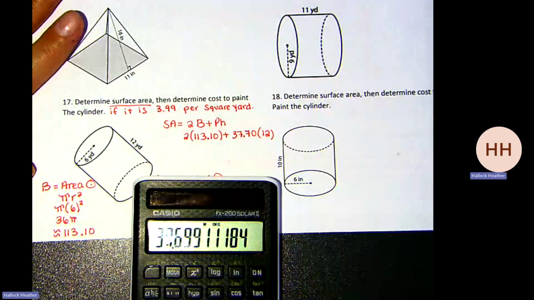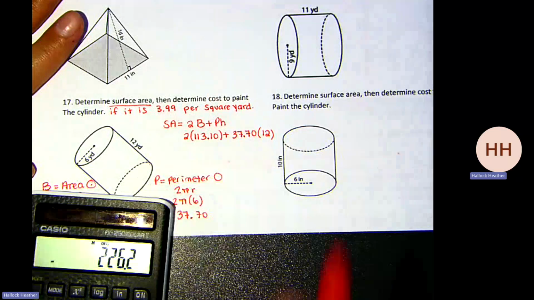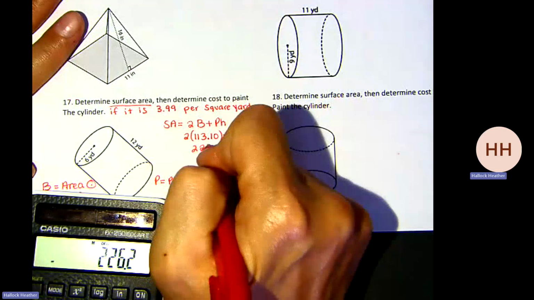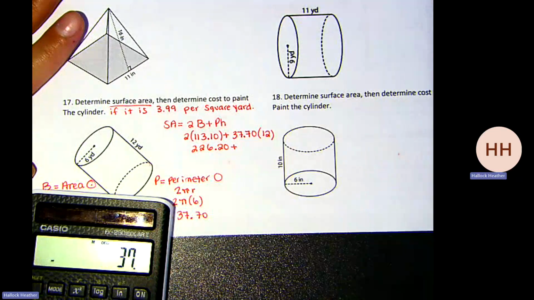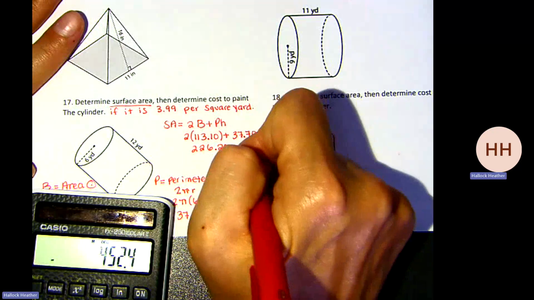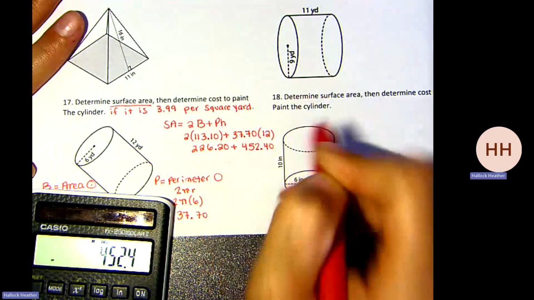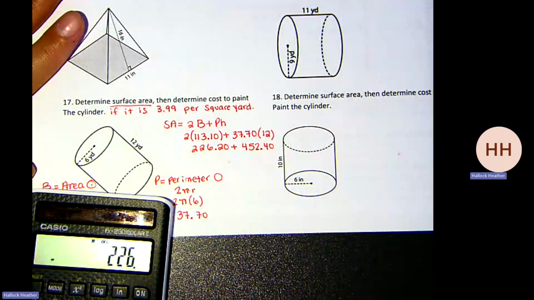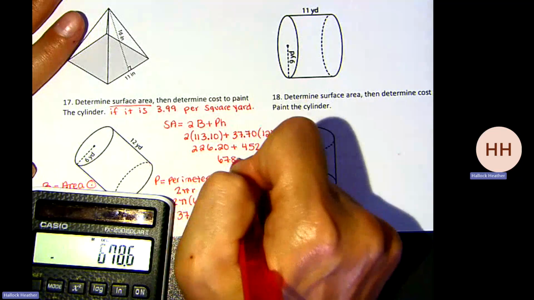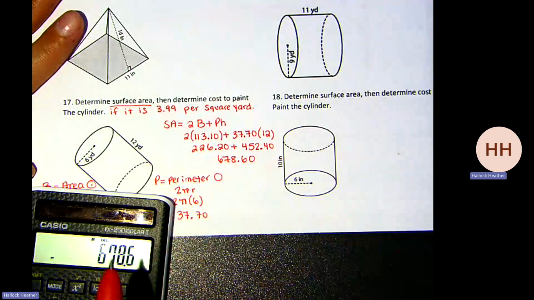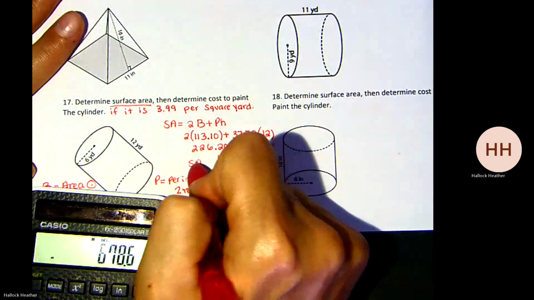If I simplify, 2 times 113.10 is 226.20, plus 37.70 times 12 is 452.40. I'm going to add them together. 226.20 plus 452.40 is 678.60. So this is the surface area.